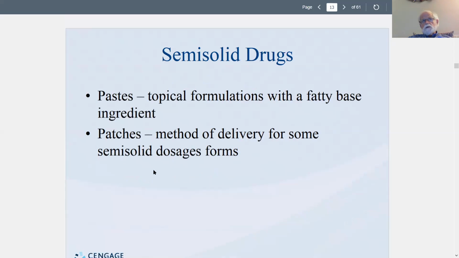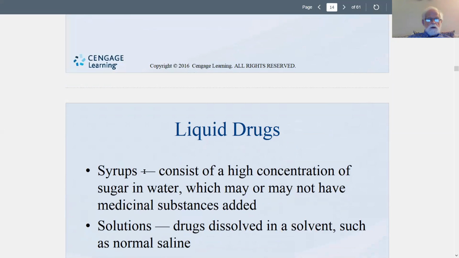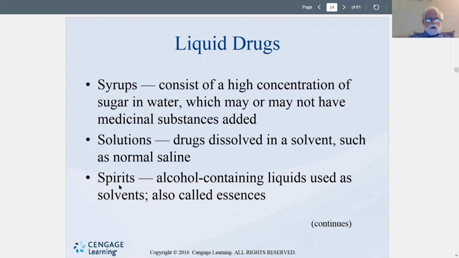Patches have been around since the 1960s, and there are many, many different designs. Basically, they go onto the skin and they stay anywhere from an hour to 3 days and then are changed. If we put another one on, it has to be moved to a different part of the skin because the skin does not like to be occluded. It likes to be able to breathe, so it actually will die if you just leave things like that on.